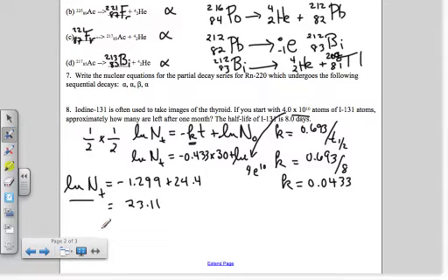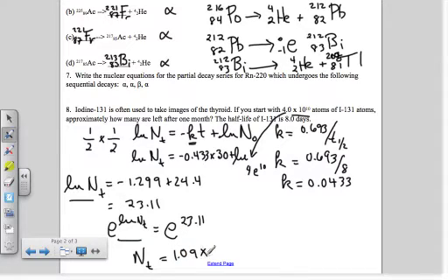So I'm going to press the shift button where my natural log is on the calculator. I am saying e to the ln of N t equals e to the 23.11. This becomes just N t, and that, when you plug it into the calculator, is 1.09 times 10 to the 10th.